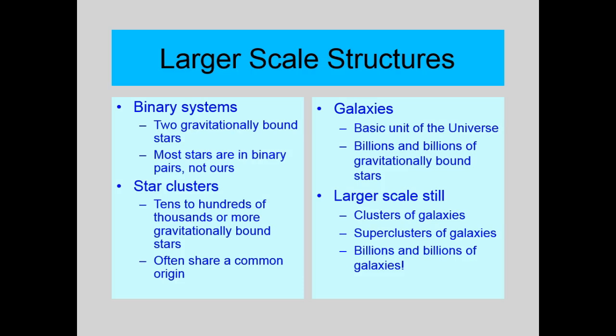After the star clusters, though, we get the galaxies. And this is where we live, in a galaxy. This, not the star, but the galaxy is the basic unit of the universe. Star is a subunit of a galaxy. So the galaxies are the basic units of the universe. And a galaxy is not just hundreds of thousands of stars, but billions upon billions of gravitationally bound stars together.